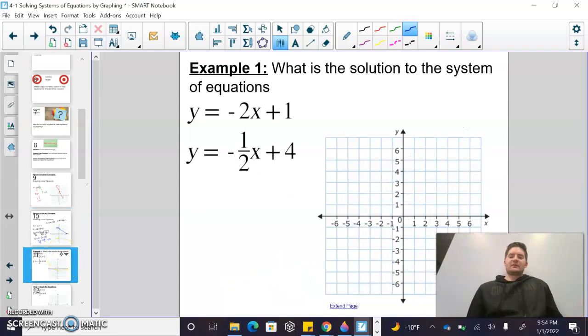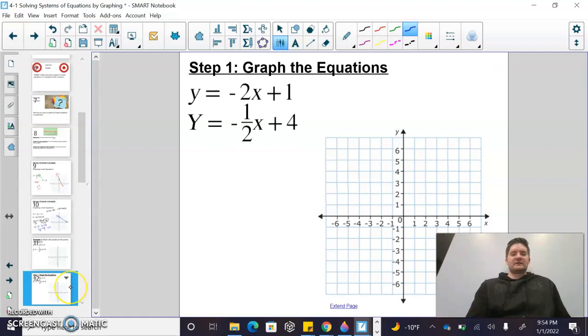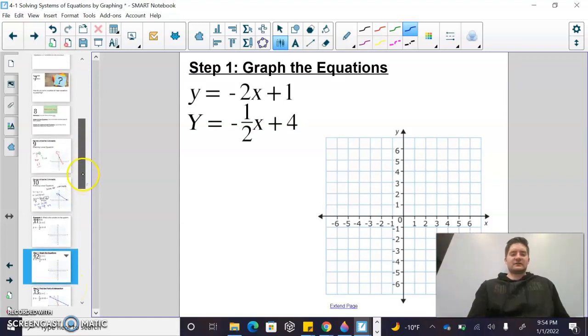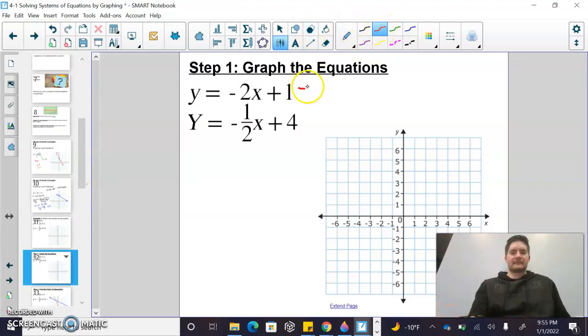So our first example, you should write down here, what is the solution to the system of equations? Basically you're going to have two different equations here, and you're going to graph both of them. The first step literally says graph the equations. The first one we're going to do is negative 2x plus 1.